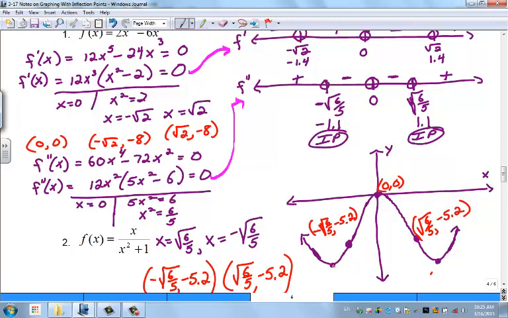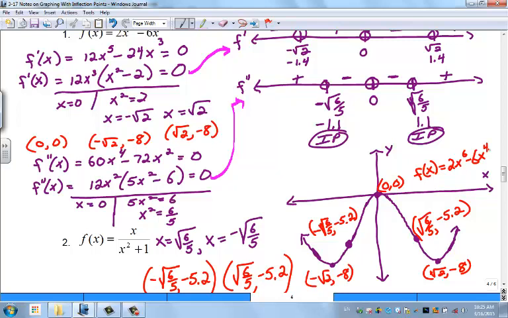This one down here is negative radical 2, negative 8. And this one is radical 2, negative 8. So all of those have to be labeled. And then, of course, your graph of f of x has to be labeled. So f of x equals 2x to the 6th minus 6x to the 4th.